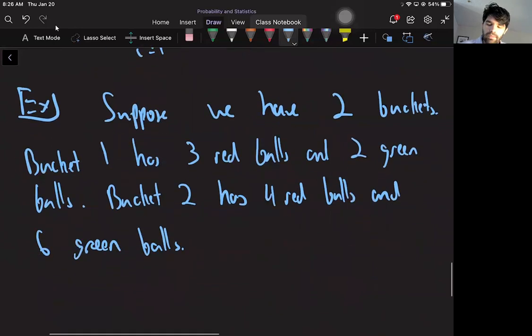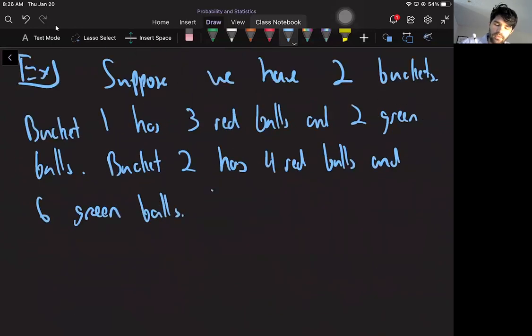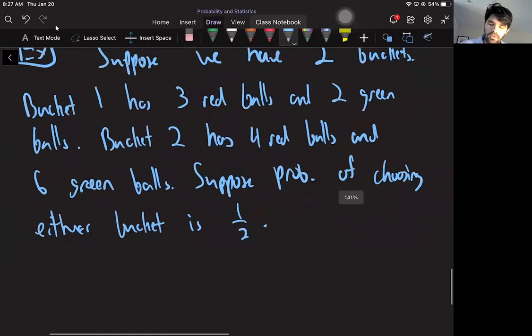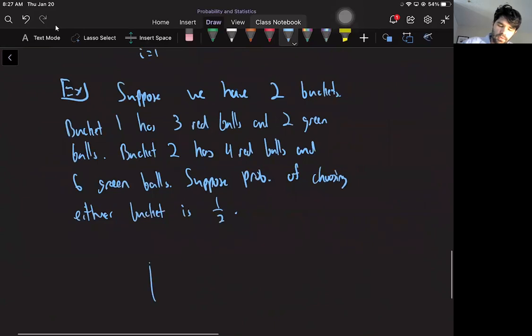Okay, and then lastly, let's suppose the probability of choosing either bucket is 1/2. So you can draw a nice little picture for something like this to help you. We got these 2 buckets.